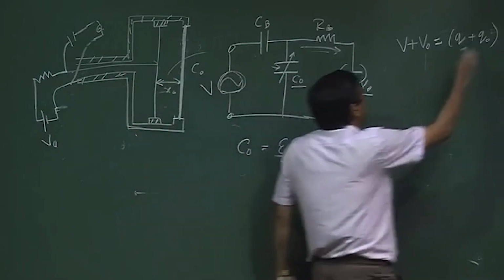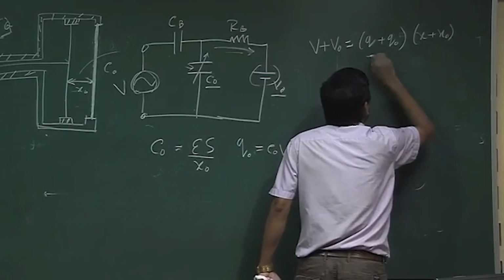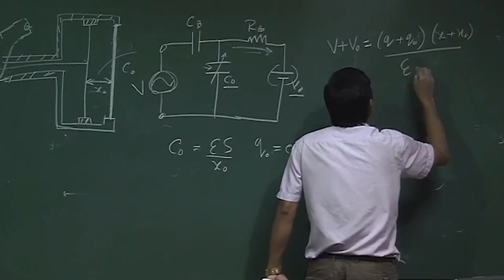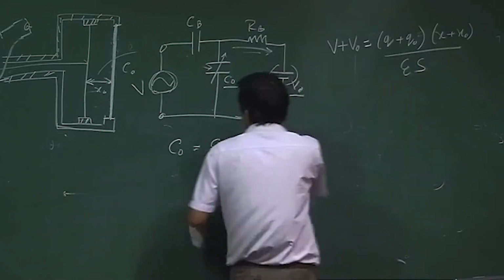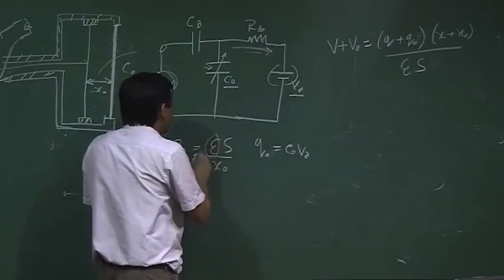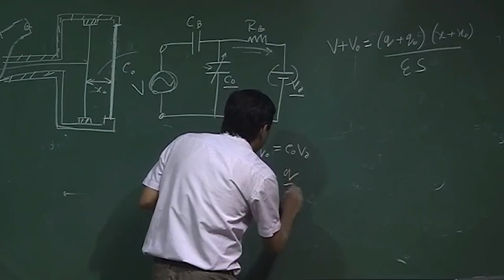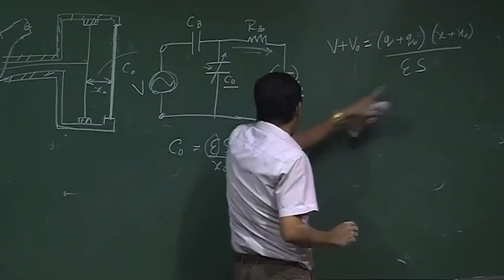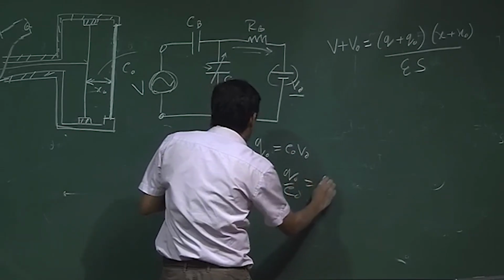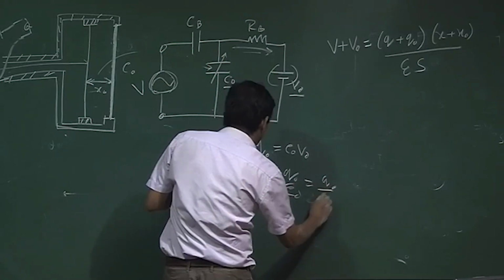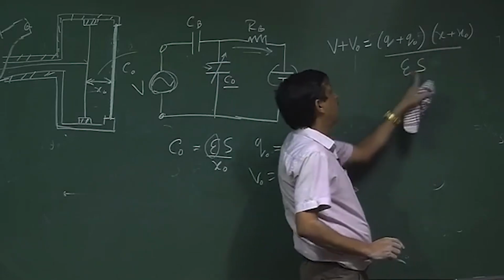So, the displacement changes from x0 to x0 plus x, divided by epsilon S, because V is Q by C. So, V0 is Q0 by C0, which is Q0 x0 by epsilon S. That is why I put x in the upper side and epsilon S in the lower side.